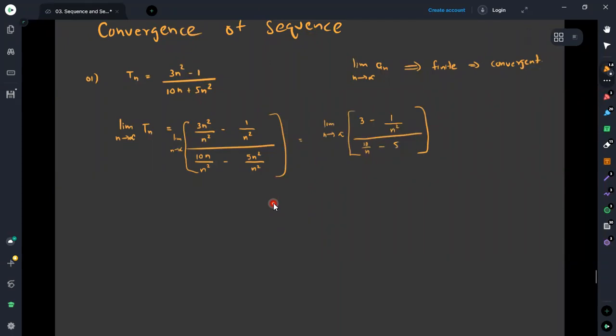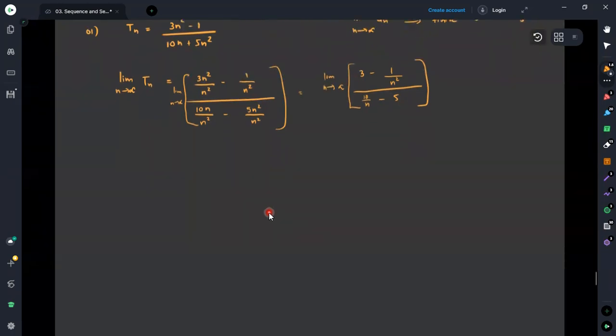But what we know is, if you are dividing a quantity by another value, and the quantity in the denominator becomes large, then the entire answer becomes small. Suppose you divide 1 by 10, you get 0.1.